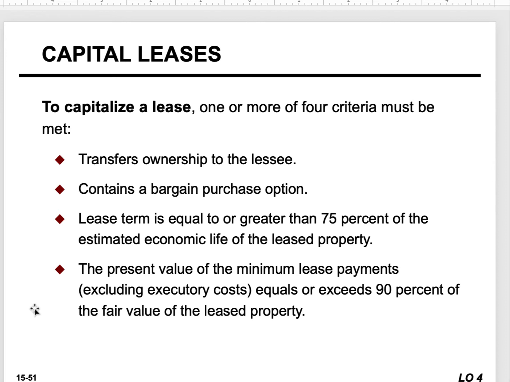So in order to determine if a lease is operating or capital, it has to meet one of the four criteria, right? Transfer of ownership to the lessee; contains a bargain purchase option; lease term is equal to or greater than 75% of the economic life of the leased property.